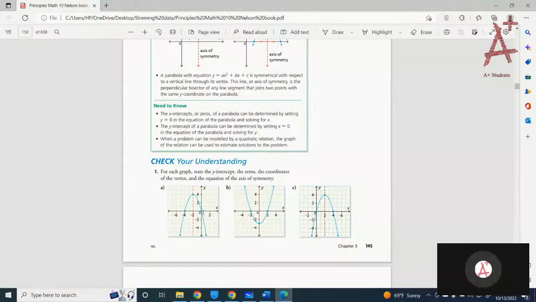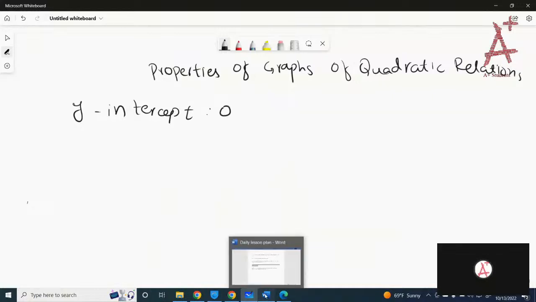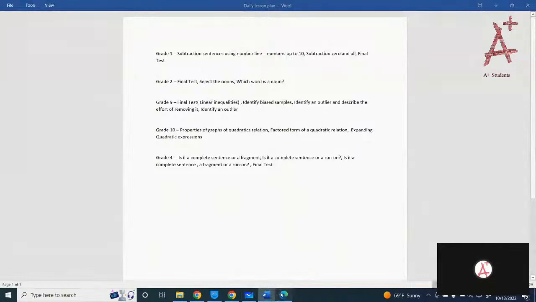Got it? Y-intercept means the point where the graph is touching the y-axis. So the y-intercept is here. Let me write it down. Y-intercept here is 0. Okay. The next thing is the zeros.